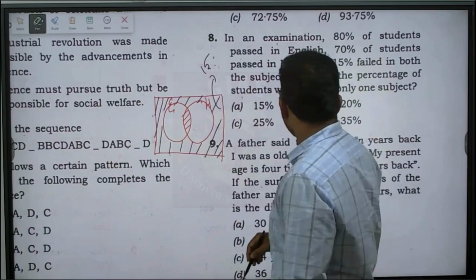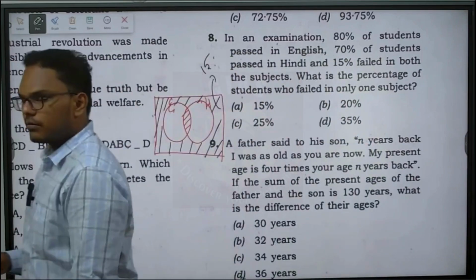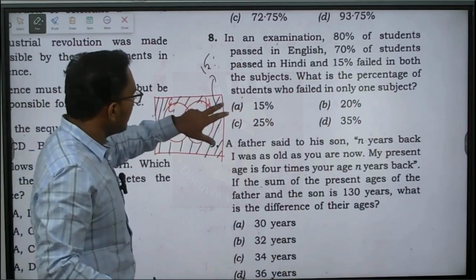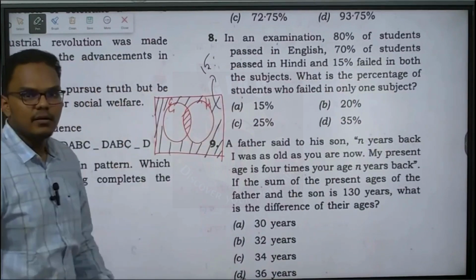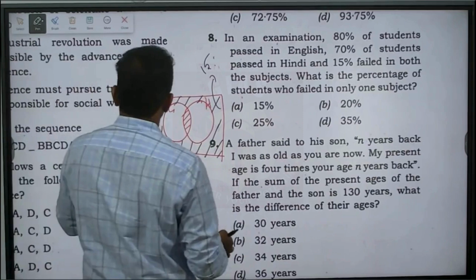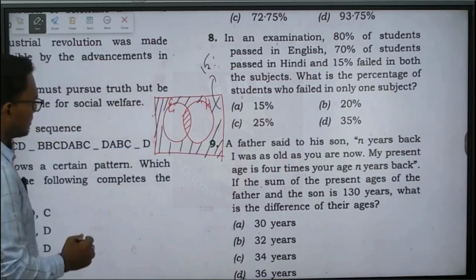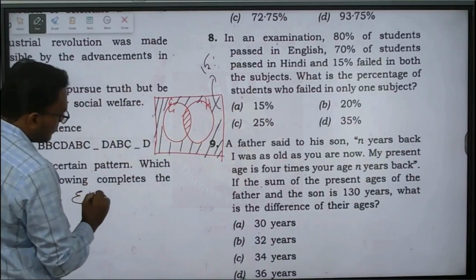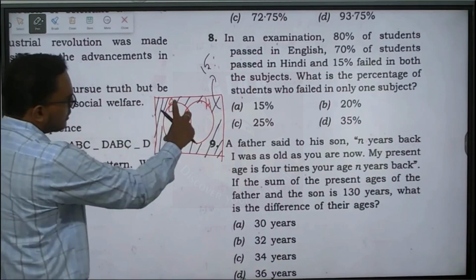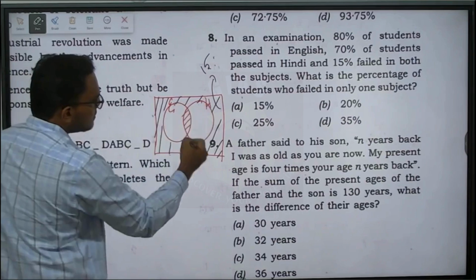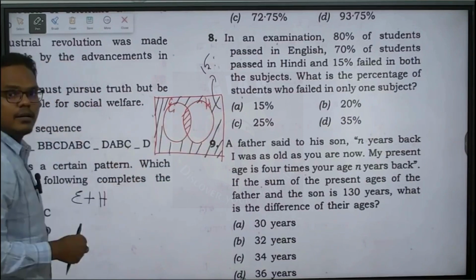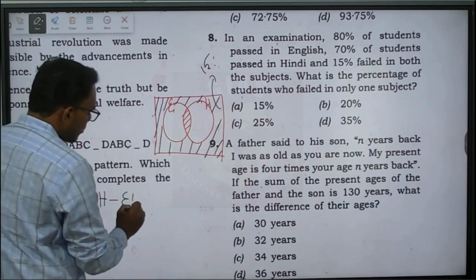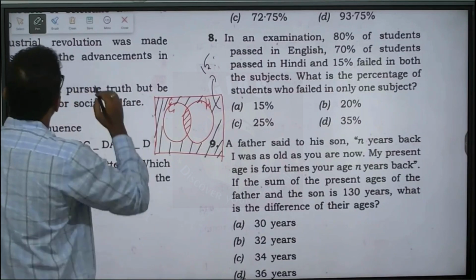Okay, so now you have to write a very simple equation, and everything put together is 100. Okay, now how are we going to write this? I'll just use this space. See, your English plus Hindi. Your English is this entire circle and your Hindi is this entire circle, but this part you have added twice, so you have to subtract that once. So your English intersection.